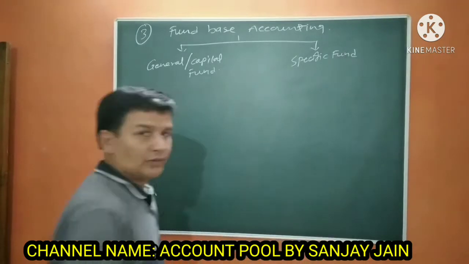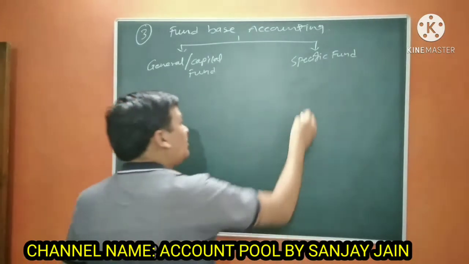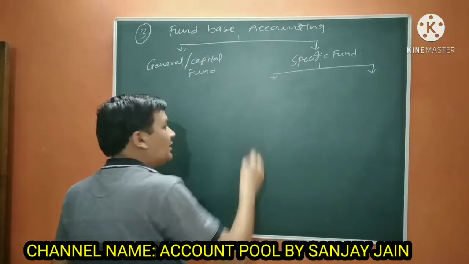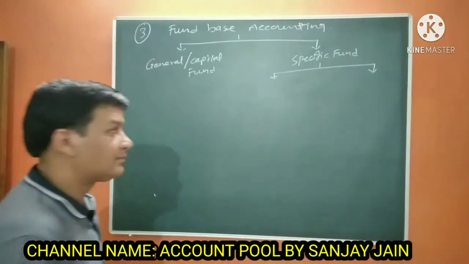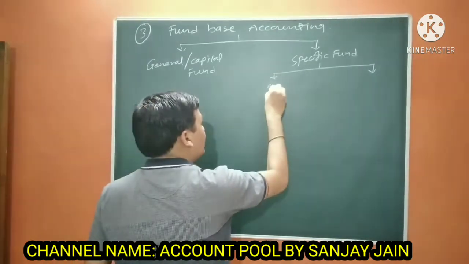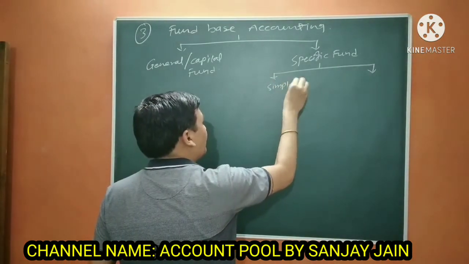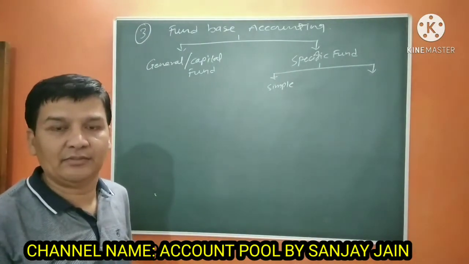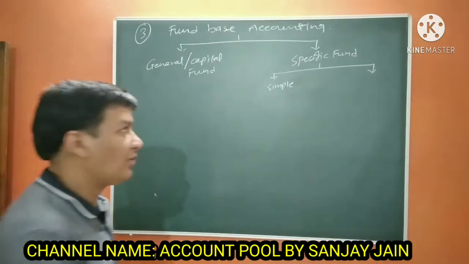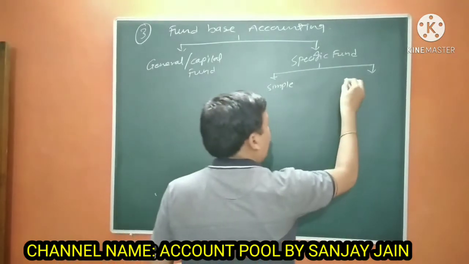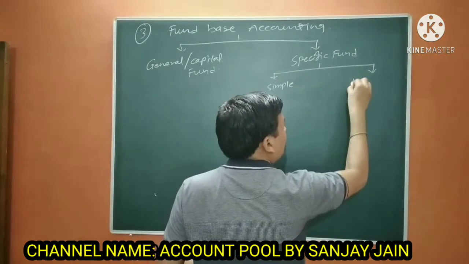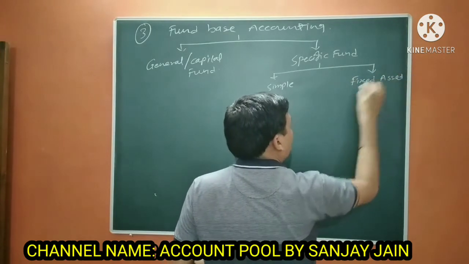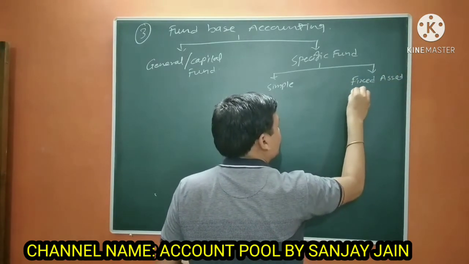In specific fund also, we have two types of funds. We are going to deal in two types of funds. In specific, simple funds means which doesn't include any increase in fixed assets. Okay, those are simple funds. And another is fixed asset affecting funds.